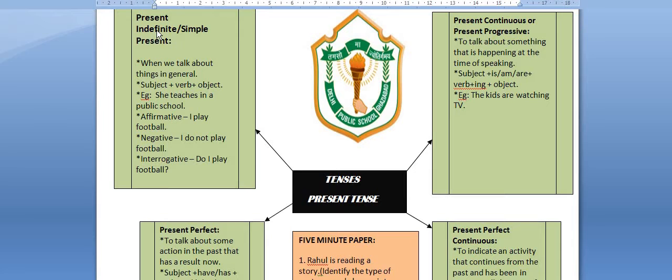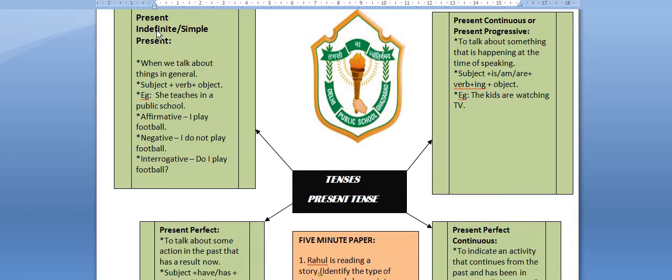Here we can see the example: she teaches in a public school. So here the subject is she, verb teaches, object a public school. One thing we need to remember is the verb in the sentence must be in present form because it is present indefinite tense.